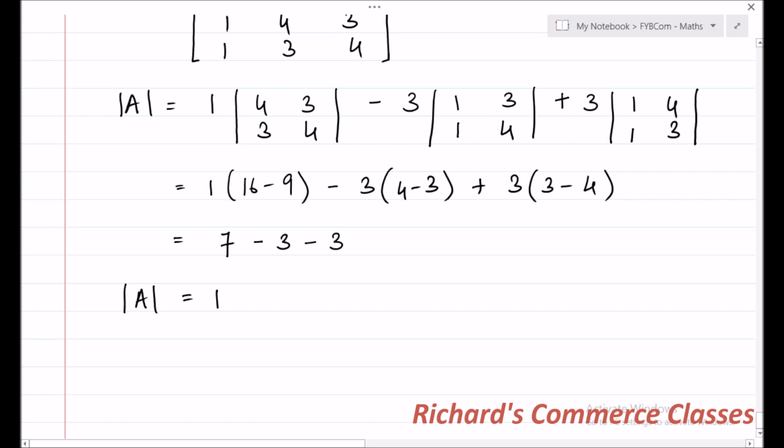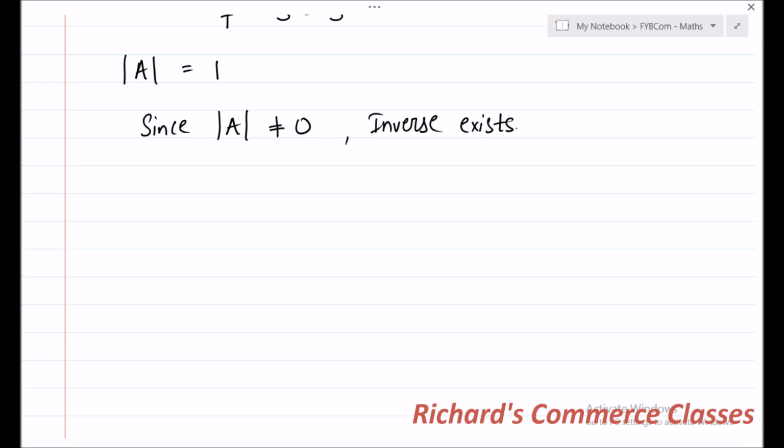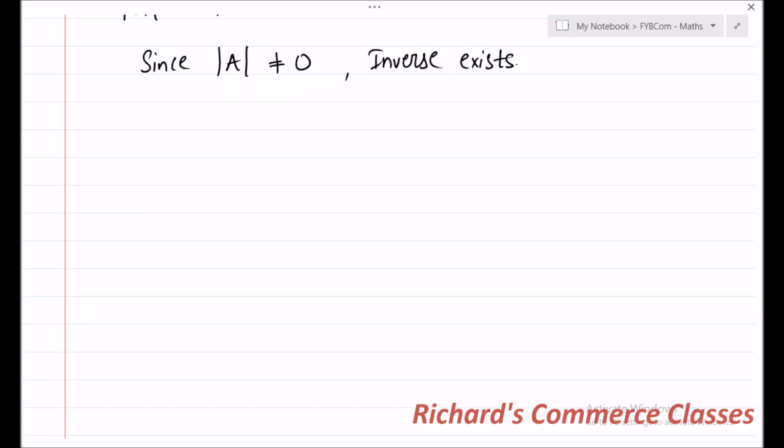So here we'll have to write a sentence that since the determinant of A is not equal to 0, the inverse exists. If the determinant of A turns out to be 0, you cannot calculate the inverse. The inverse does not exist. In our case, since the determinant of A is 1, which is not equal to 0, the inverse exists.